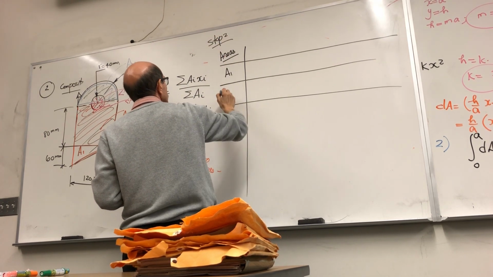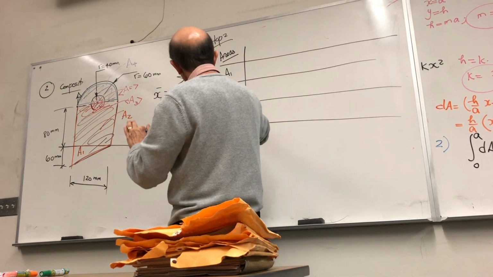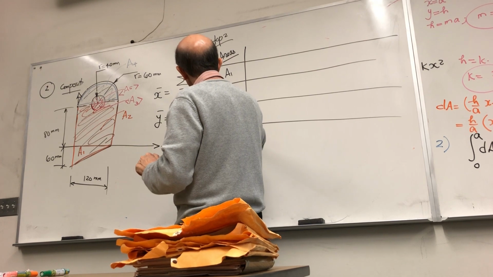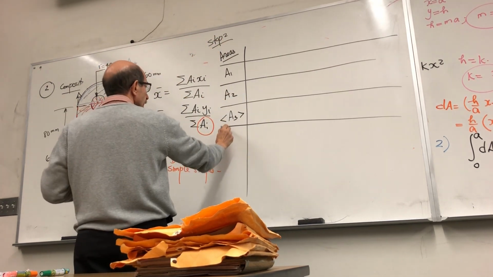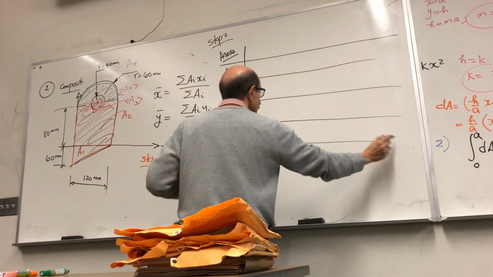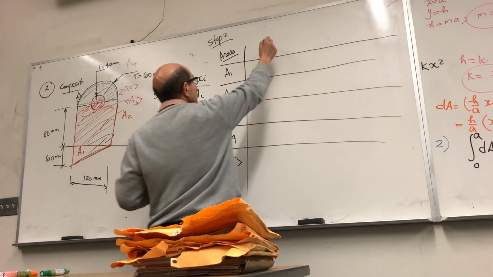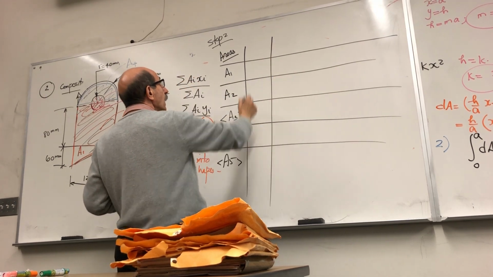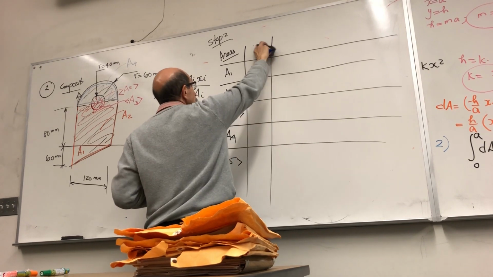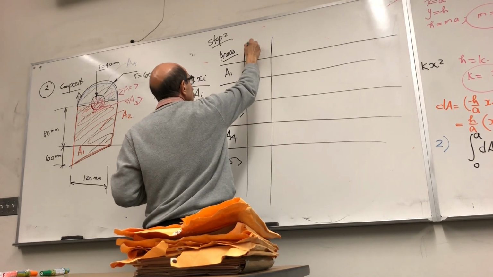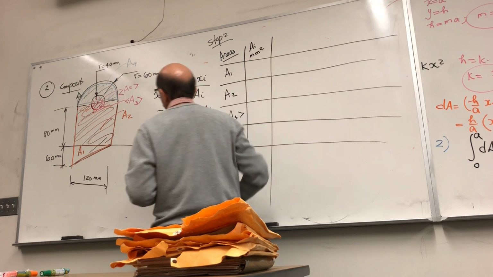I have A1, A2, and in order to keep track of those negative values, when I write A3, I put this bracket to be careful that it is a negative area. A4 and A5, which is also negative. The next column, I would simply list those Ai values for each of those sub-areas in whatever units that I have here.